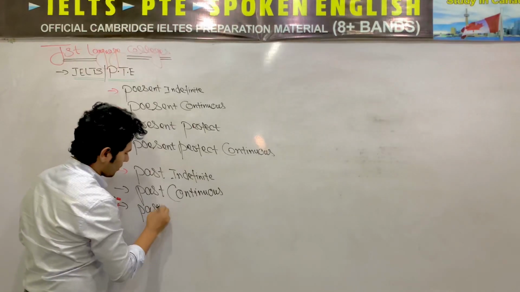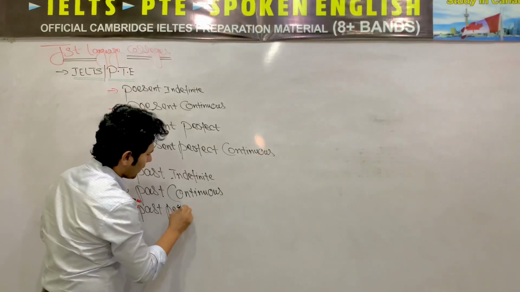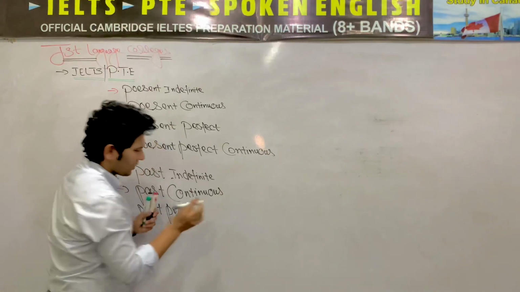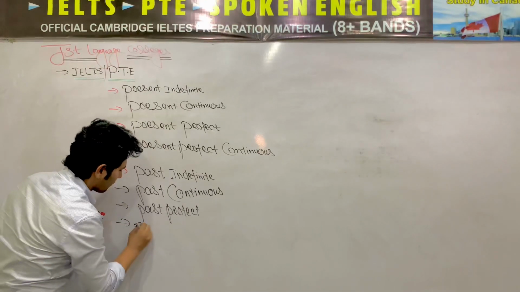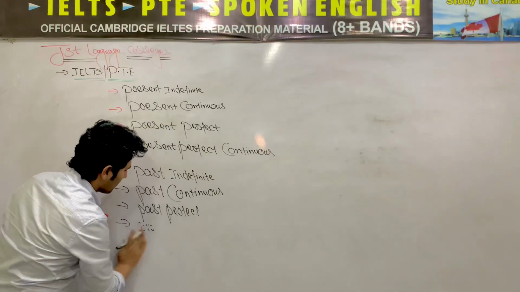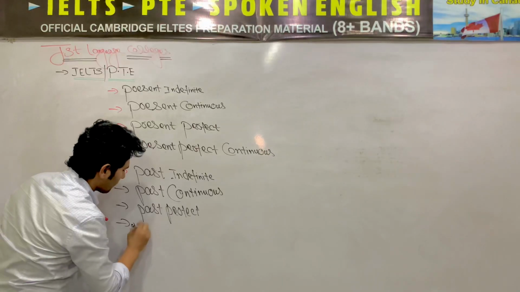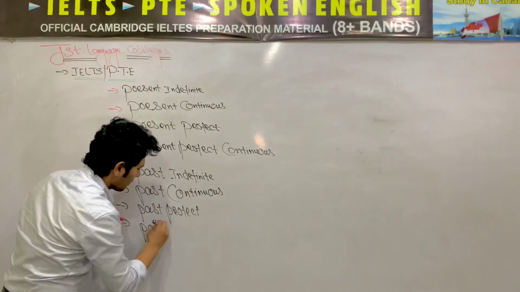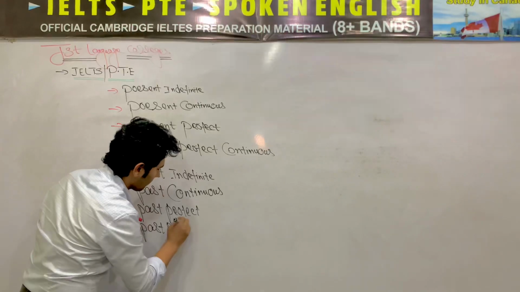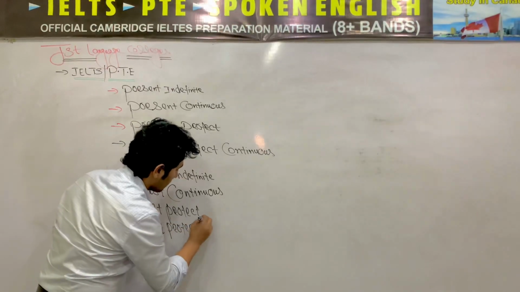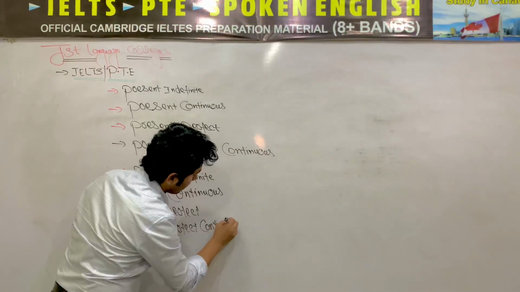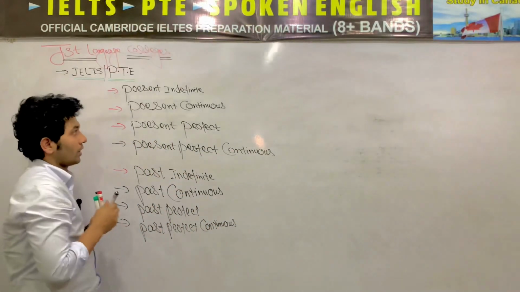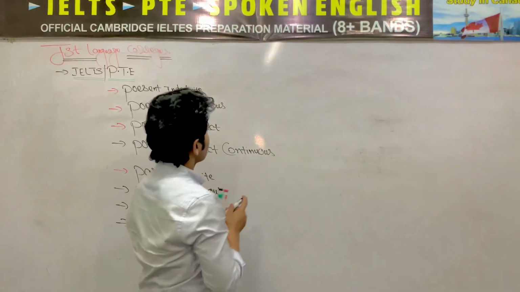Past perfect means something you have done. Then past perfect continuous. You have to stay with me in order to get a lot of information out of this one-go lesson.